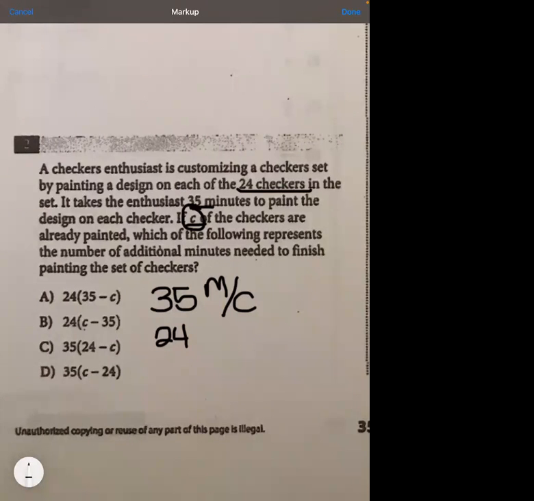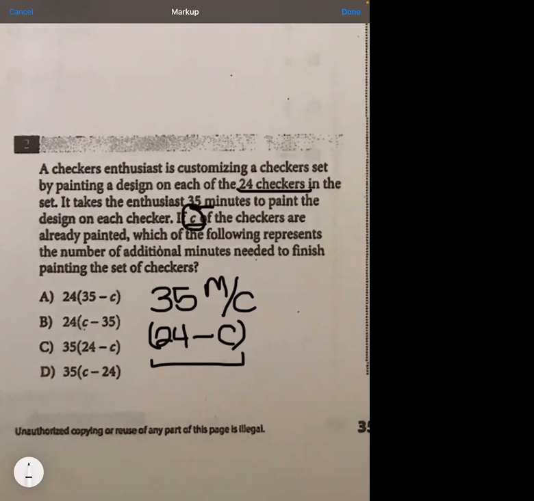To find out the amount we have left, we have to subtract the amount we painted from the total. The total in this case is 24, while we already painted C checkers, where C is an unknown number. So we could put 24 minus C, and this will give us the number of checkers that we still need to paint.